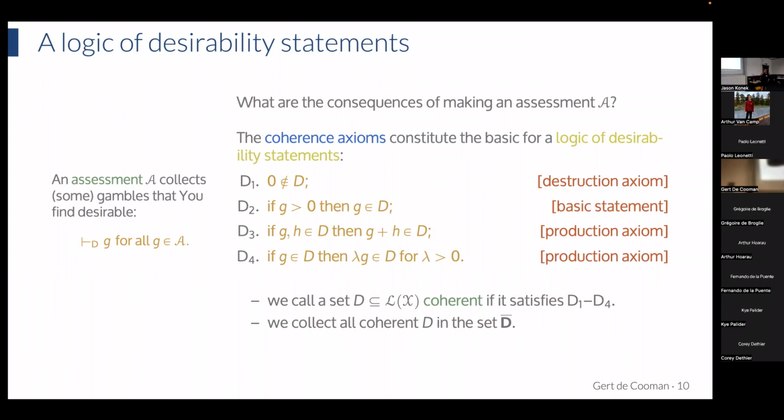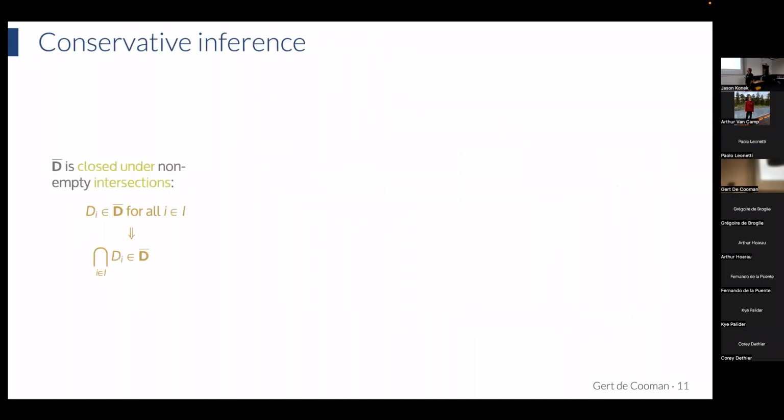Right. So that's coherence and the set of all the coherent ones. Now, this is the interesting observation. This set of all the coherent sets is closed under arbitrary intersections. If I take a collection of coherent sets, any collection that is non-empty, their intersection will also be coherent. If you look at the axioms, it's obvious.